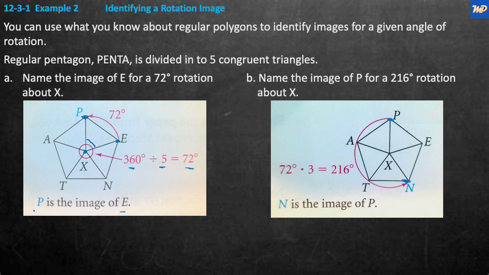So when we're looking at the diagram here now, what is the image of P? Well, N is the image of P. Here's our N right here. We came around all these degrees, went 72 all the way around. 72, then 144, and then 216. Okay?